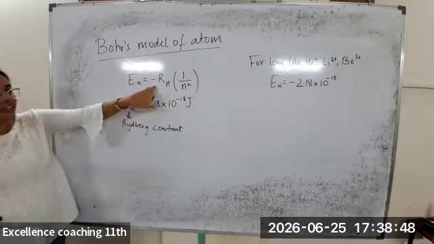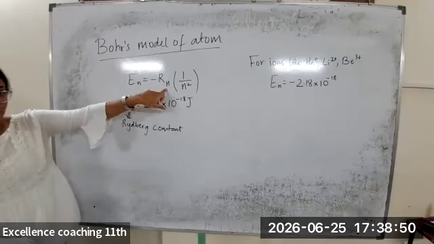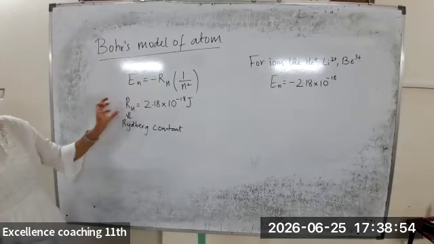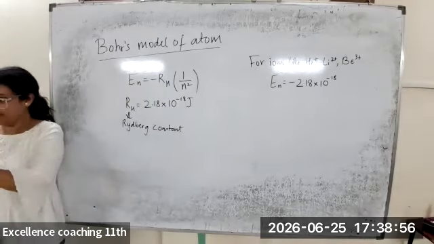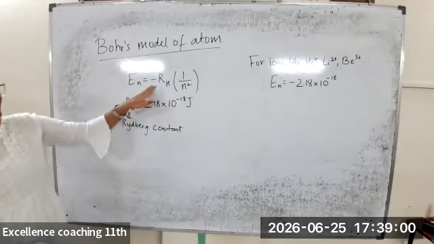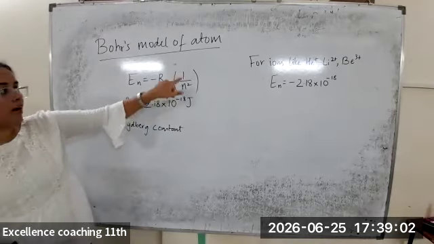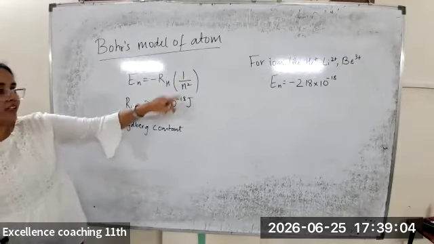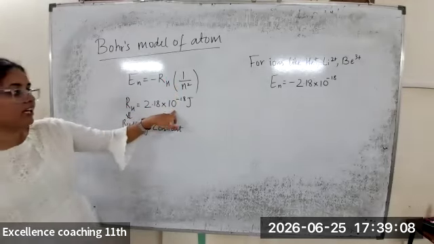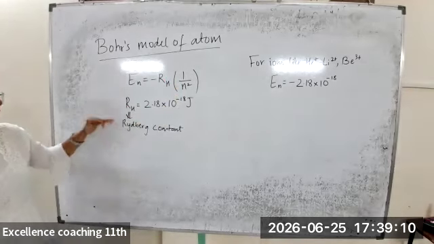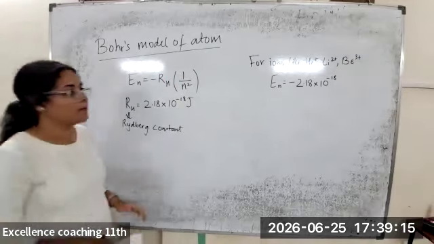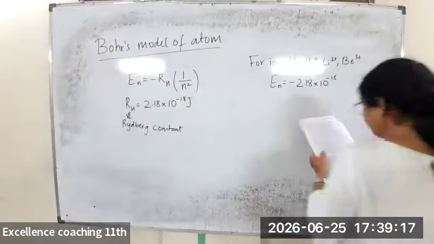So down, the subscript of R will be H. Minus R H, like R H is one entity only. Minus R H bracket 1 upon n square. Where R H is 2.18 into 10 raised to minus 18 joules. And R H is also called the Rydberg constant.